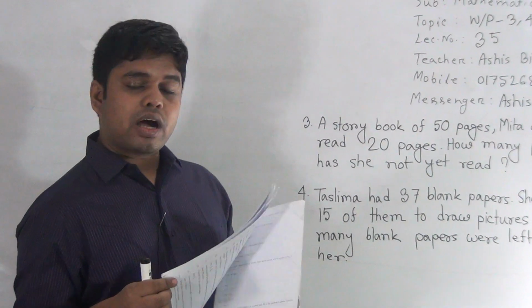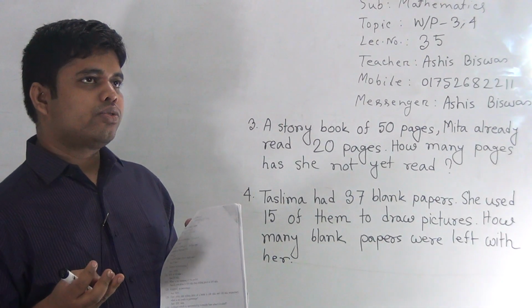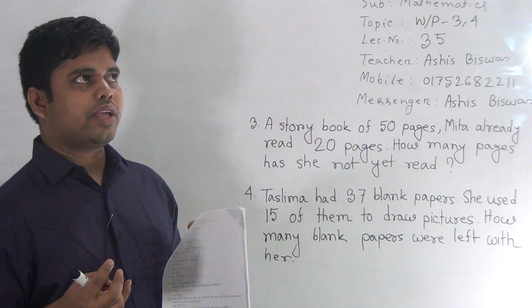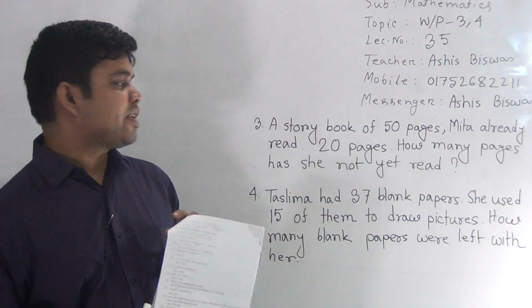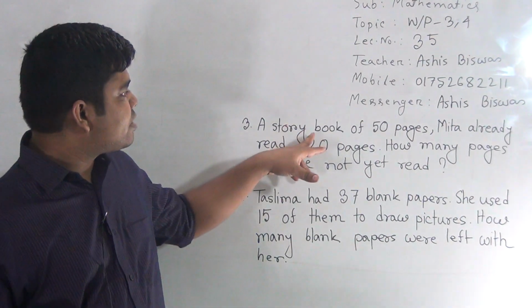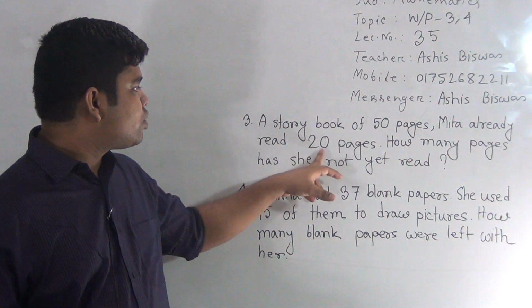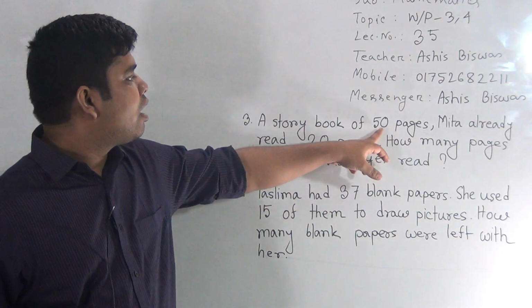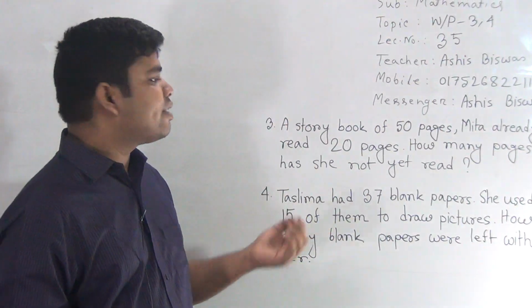Now count: 41, 42, 43, 44, 45, 46, 47, 48, 49 and 50. So 10 pages left. Just like this, a story book of 50 pages. Mita already read 20 pages. So we subtract these 20 pages from the 50 pages and we get the required answer.